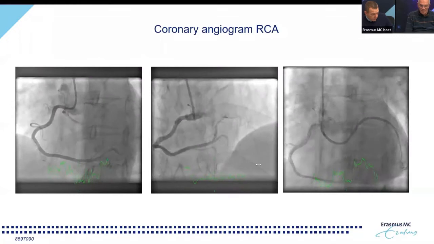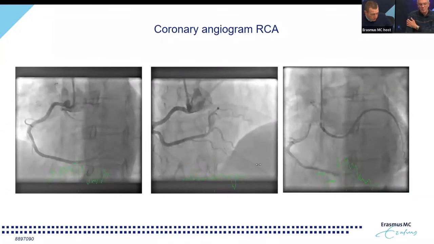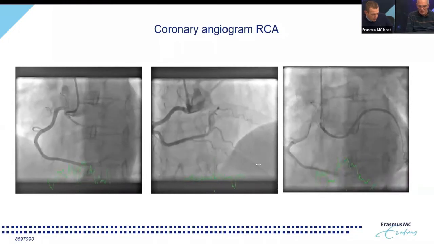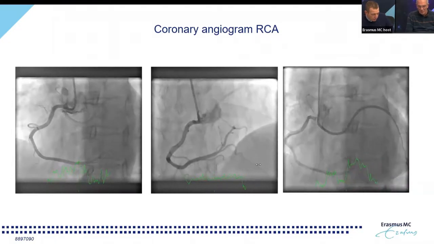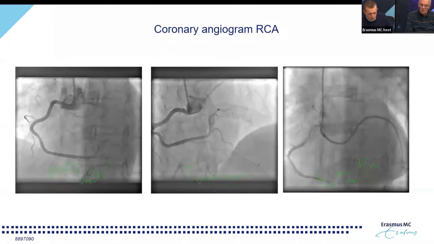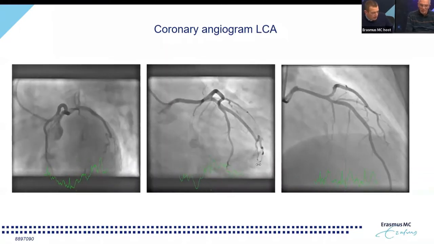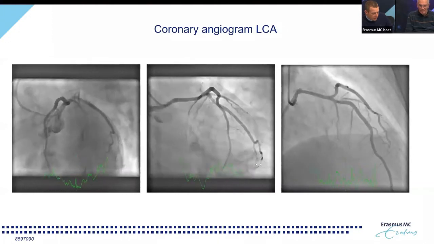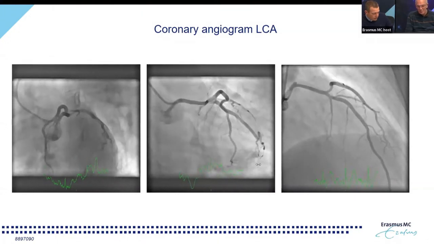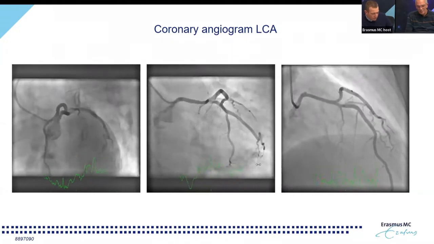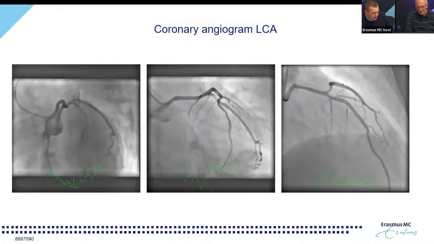This was then her coronary angiogram, showing you already the first abnormality: a normal right coronary artery with an aberrant left circumflex arising from the right coronary cusp. And then you can see a LAD. What we appreciated in the LAD was at first very mild disease.